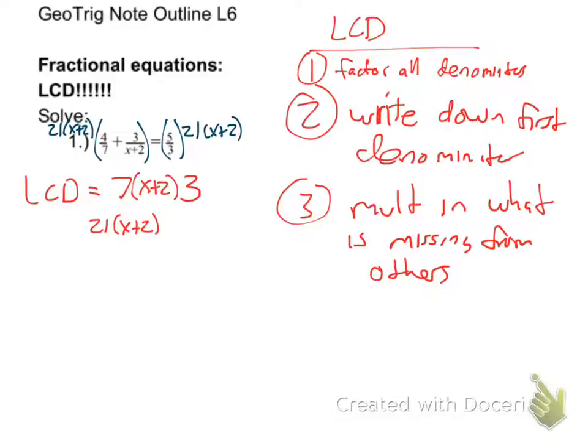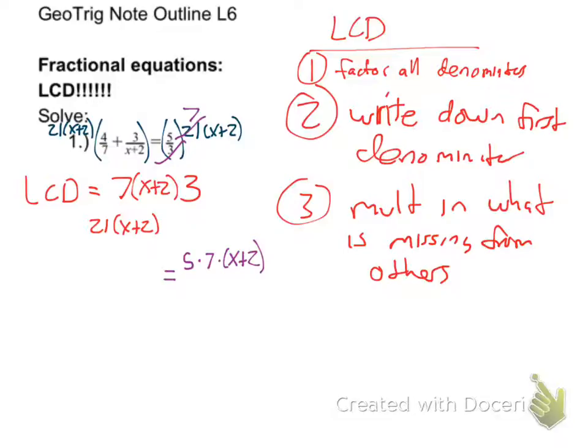And now, what happens is that on the right-hand side, we can see directly that 21 and 3 will interact with each other, because 21 divided by 3 makes a 7. Can you see that? I know it's a little bit smaller. So I end up having, on the right-hand side, 5 times 7 times x plus 2 left over. Can you see that? The 3 on the bottom will cancel with the 21 to make the 7.